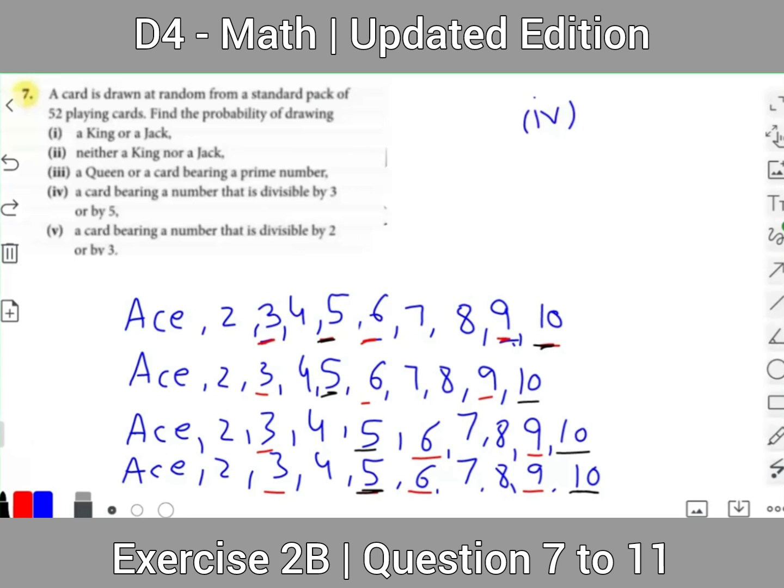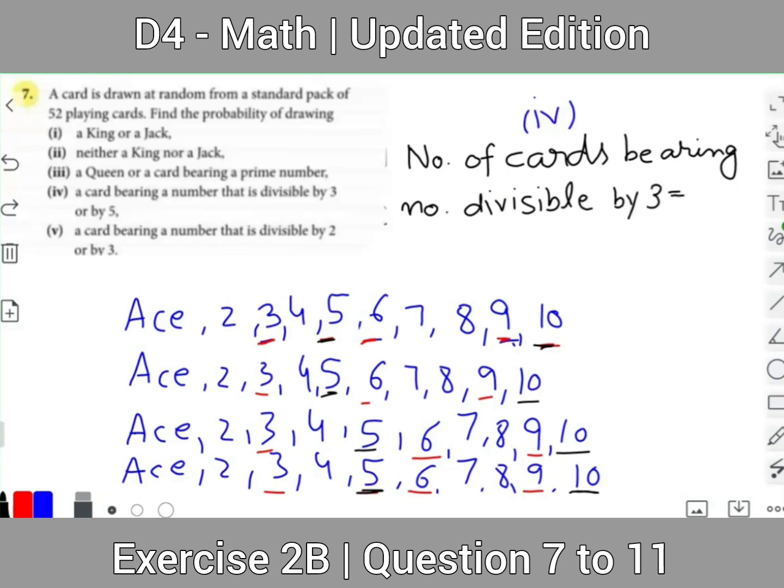So now to find out the probability that a card bearing a number is divisible by 3 or by 5, first we will have to find out the number of cards bearing a number divisible by 3.